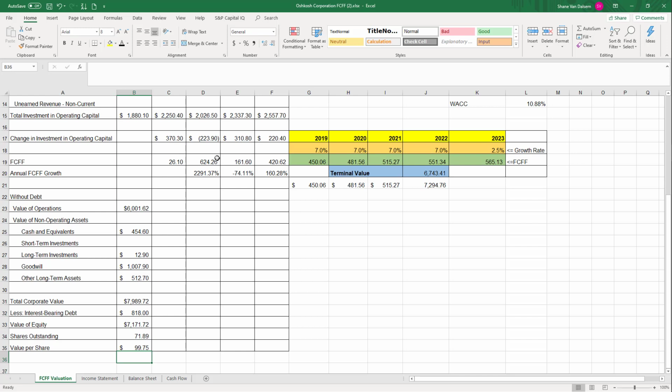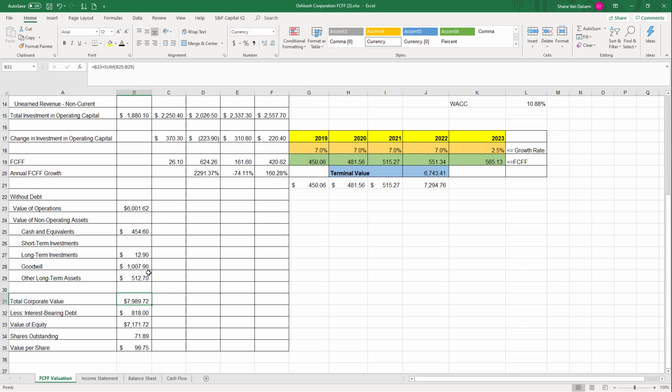So I'm going to switch over to your assignment here in a minute. What we're looking for in the assignment is not really the price per share, because we're looking at an acquisition situation. So a firm is just going to buy the entire firm of Renaissance Learning. And so the numbers that you're going to want to focus on are the value of operations and maybe the total corporate value here, depending on what's in here.